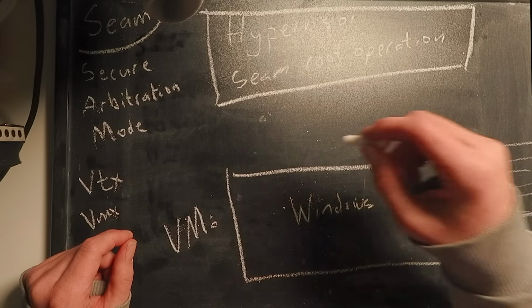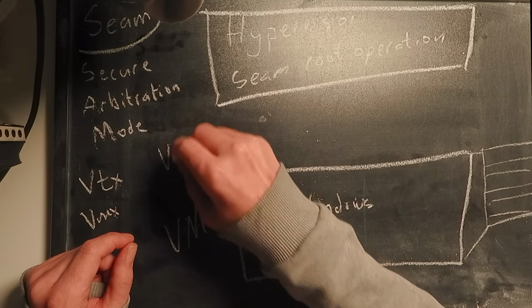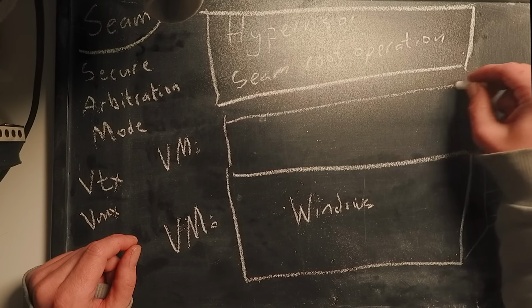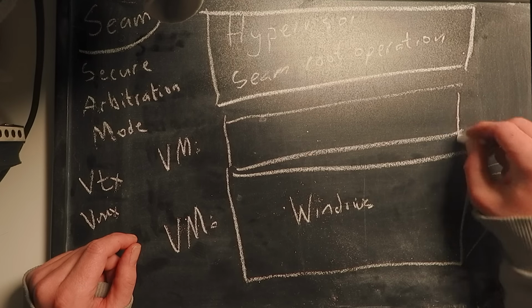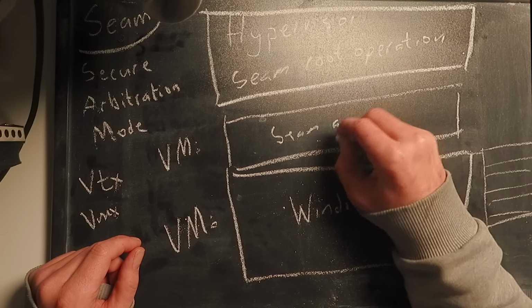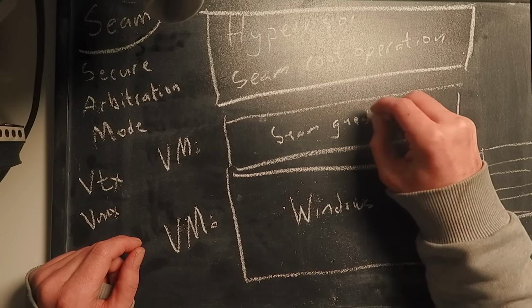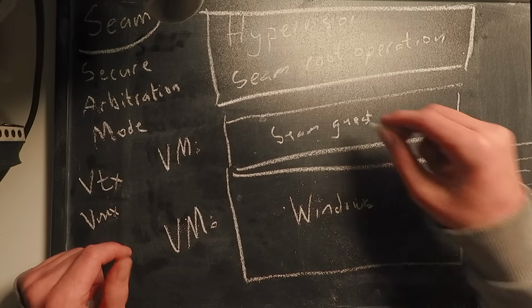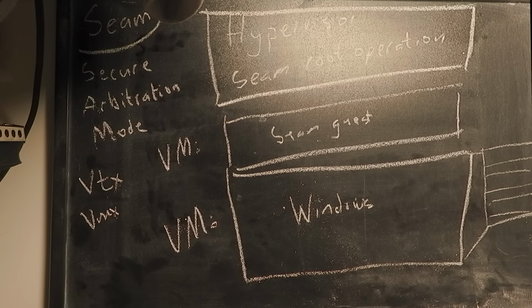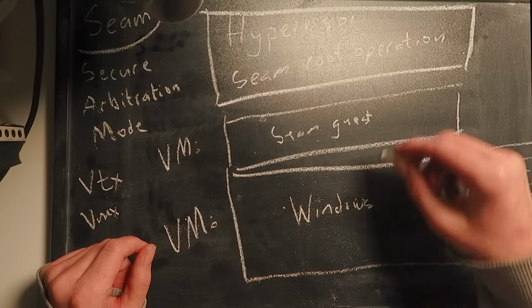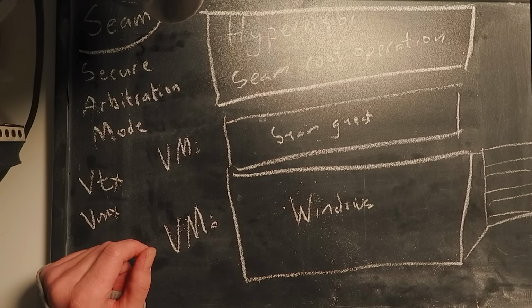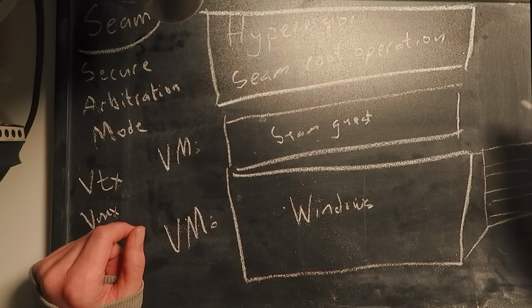And it also runs another virtual machine simultaneously with your OS. And this is called the SEAM guest. And this is a piece of software which runs next to your operating system all of the time, and you can't even see that it exists, and it can do pretty much what it wants.